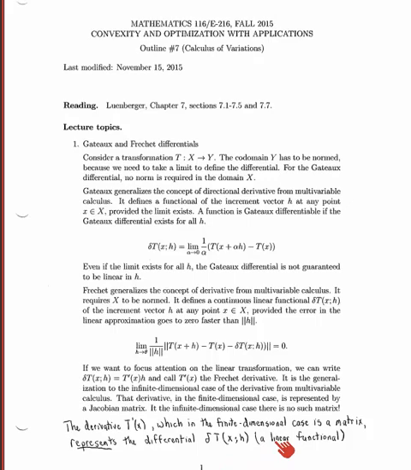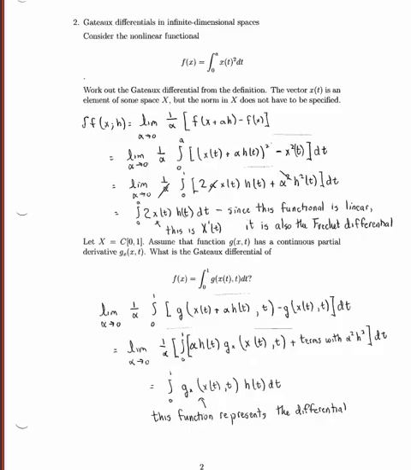And the matrix in question is the Jacobian matrix, which you've undoubtedly heard about in studying multivariable calculus. In the infinite dimensional case, there is no such matrix, but you'll see in a minute that sometimes these differentials can be represented by functions.